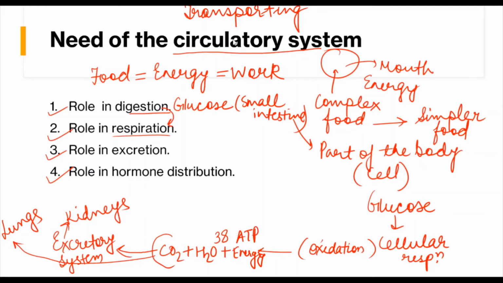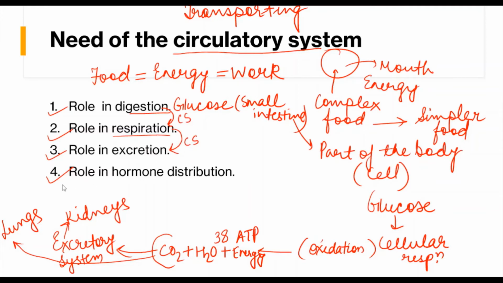That is a part of the circulatory system. Again, whatever excretory products were produced by the different cells of the body during the process of respiration are carried to the excretory organs of the body again by the circulatory system. यहाँ पे फिर से यहाँ पे भी था. ठीक है, तो till here I hope this is clear.